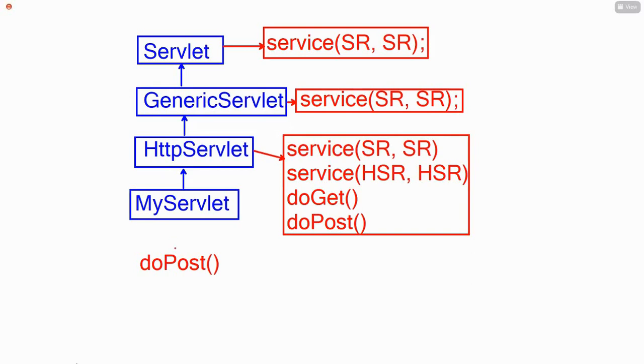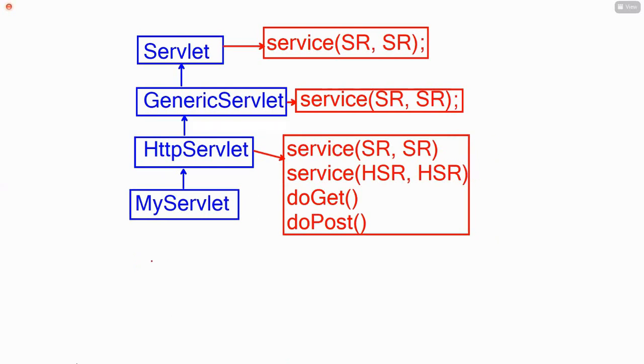It will search for the lifecycle service. Is it there? Then again HttpServlet's is called, and it will call this one. Suppose the requested type is get. This doGet is called. Suppose the requested type is post. MyServlet's doPost is called.